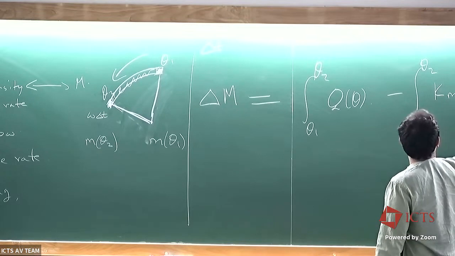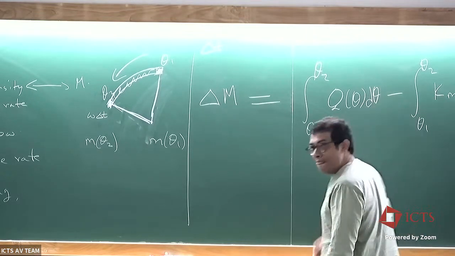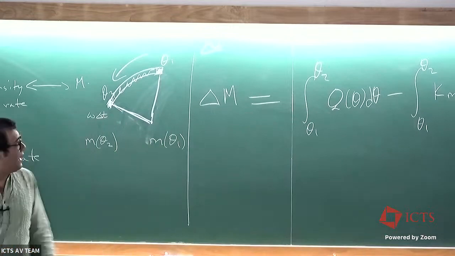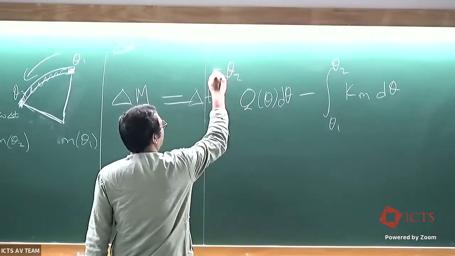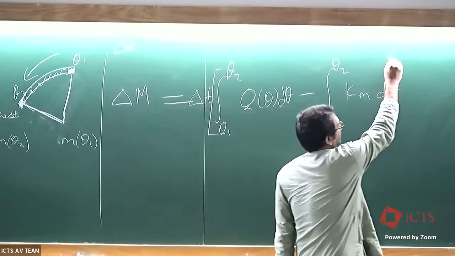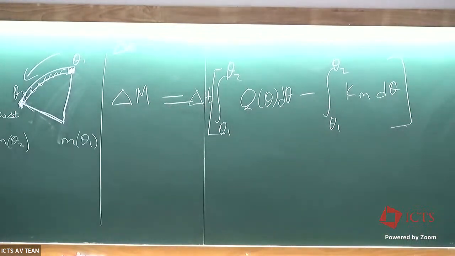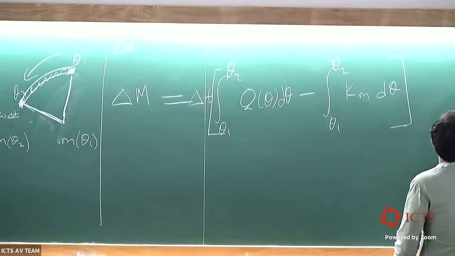And this has happened over time delta t. I'm just writing it big so the people online can read. And then there is a change of mass just because you've rotated. It's not necessary that at theta 1 and theta 2 you had the same amount of water.